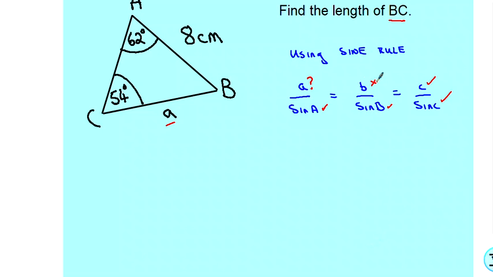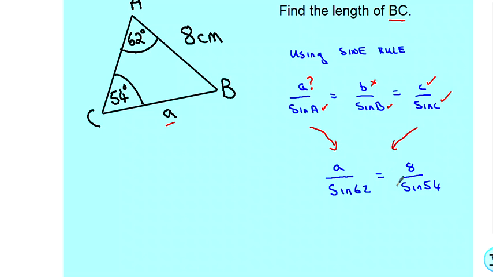So I'm not going to use this one because I don't know small b. So I'm going to use this along with this. And what do I mean by use it? So what I'm going to now put in is my sizes. a is the one I'm trying to find, and angle A is 62, and c is 8, and angle C is 54.